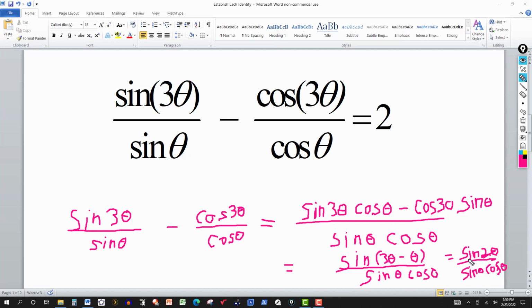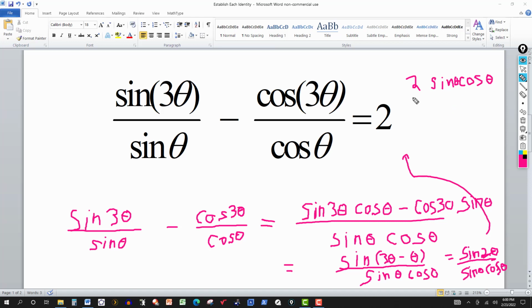So you wind up with sine of 2 theta over sine theta cosine theta. So I'm going to take this back up here. We have an identity that tells us that the sine of 2 theta is 2 sine theta cosine theta.